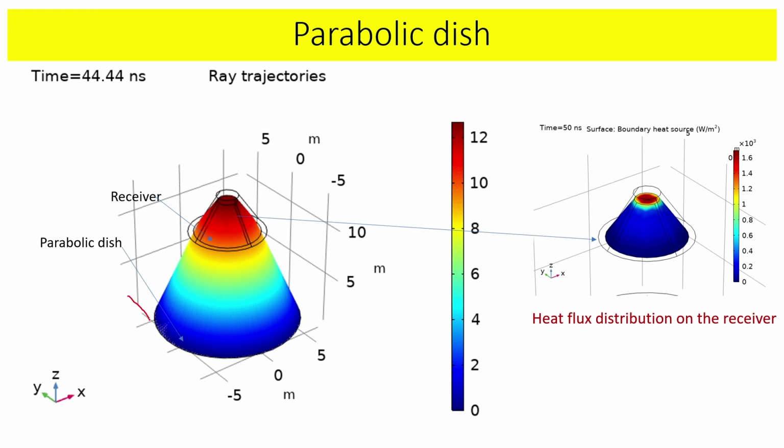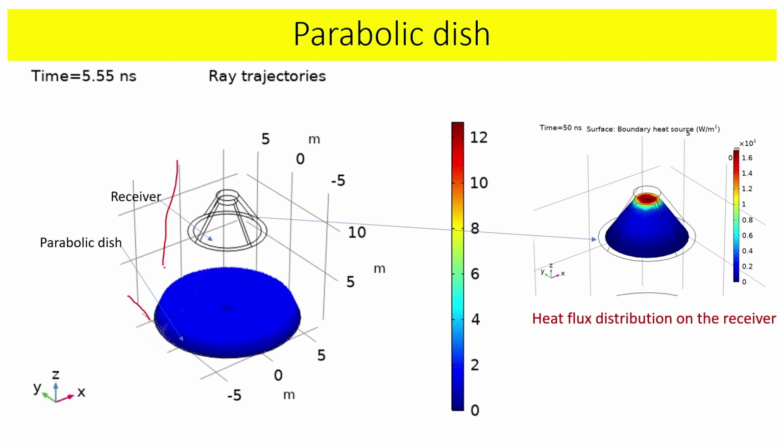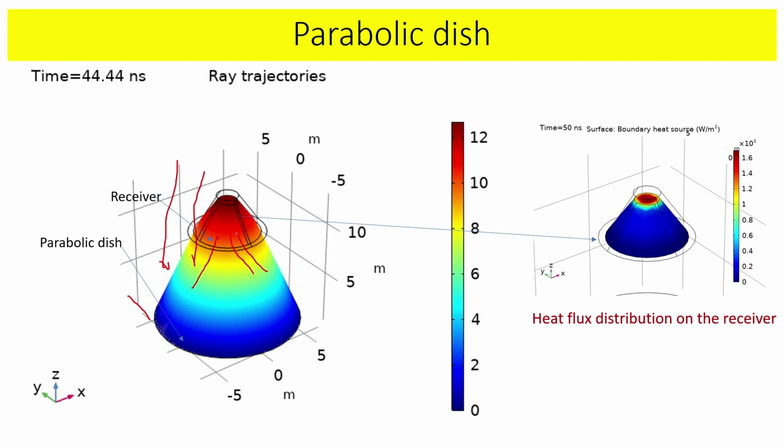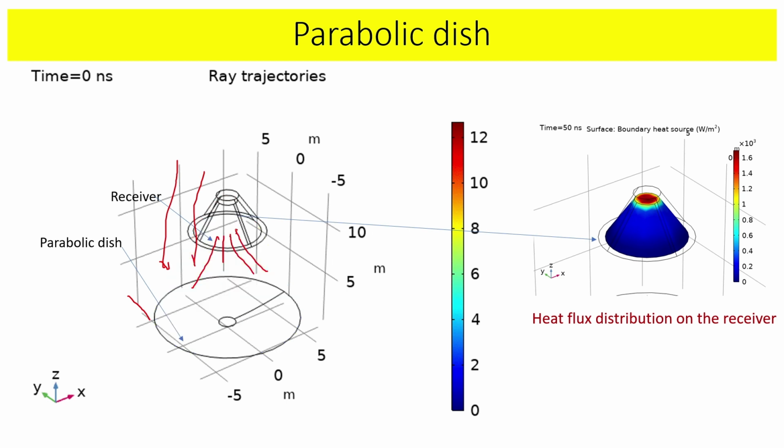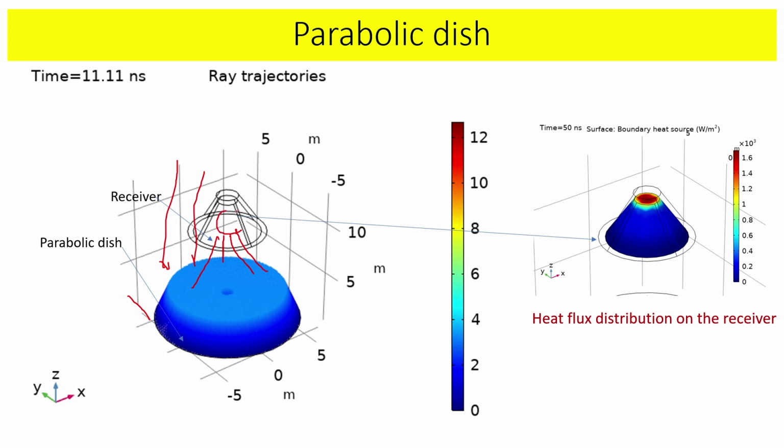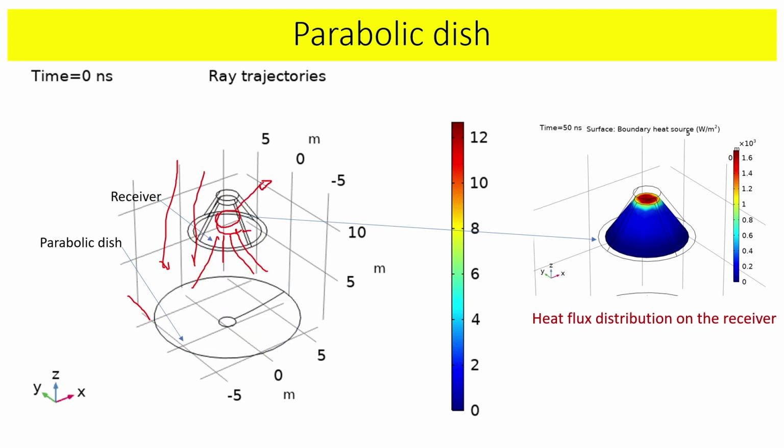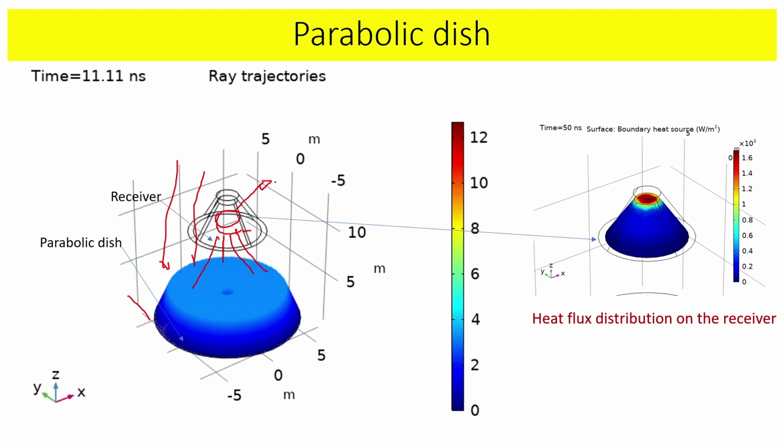The sunlight falls on this parabolic dish, and it gets focused at the absorber or receiver, and there are tubes inside the receiver through which working fluid is flowing, and this way you take out the hot fluid which you can use for various other purposes. So here we have shown the heat flux distribution on the surface of the receiver.